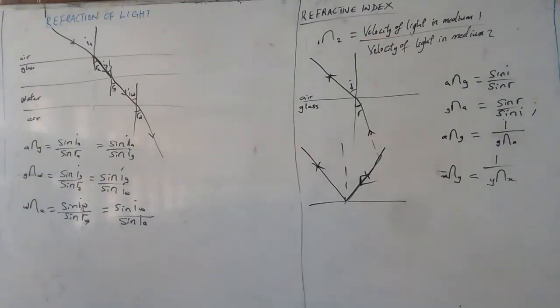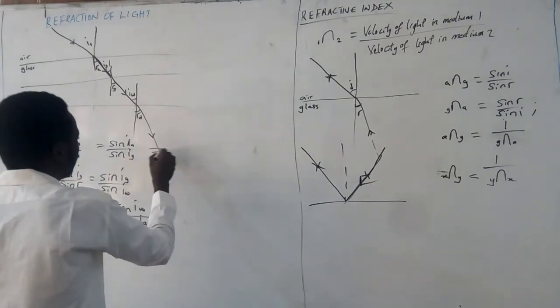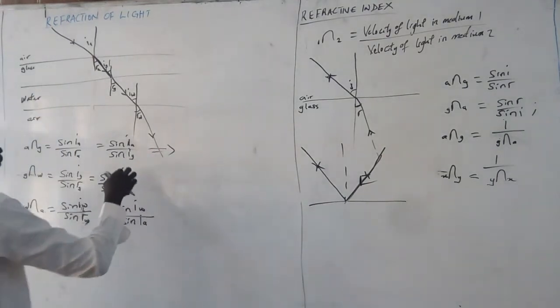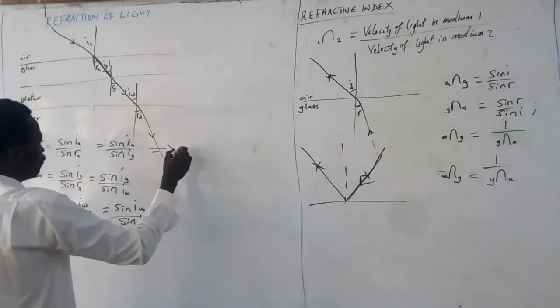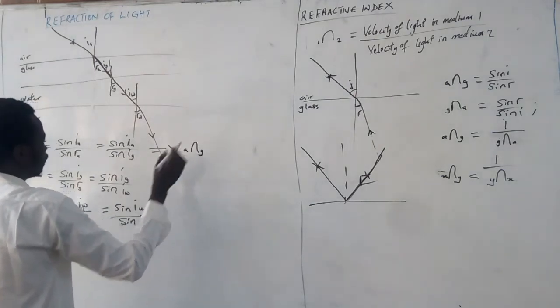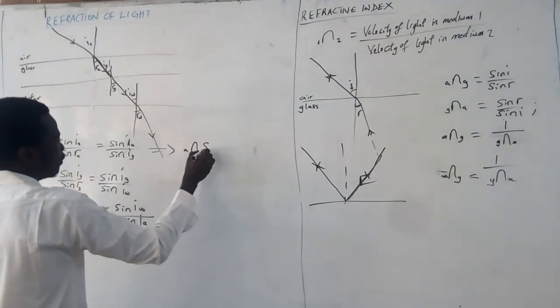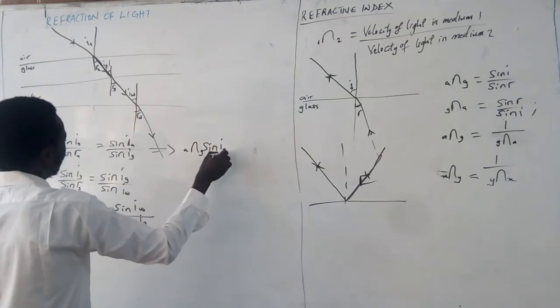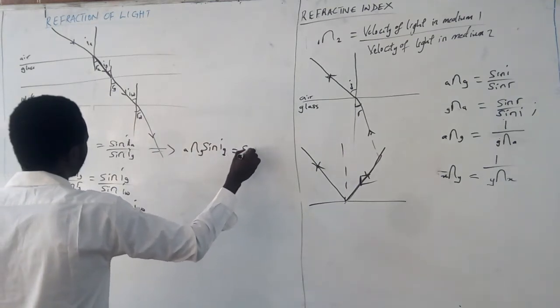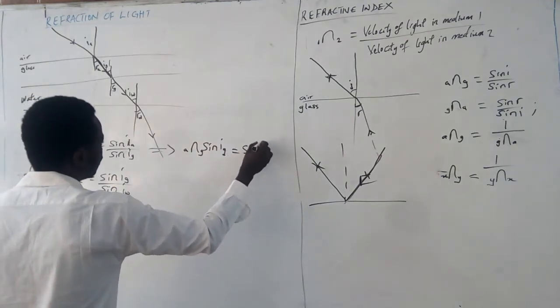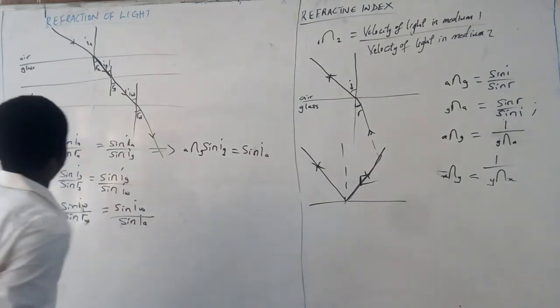So from here you can see this is following a particular pattern. From this first line, we can have that the refractive index from air to glass times sine of incidence of glass is equal to sine of incidence of air.